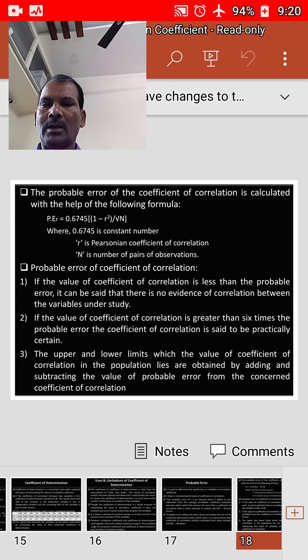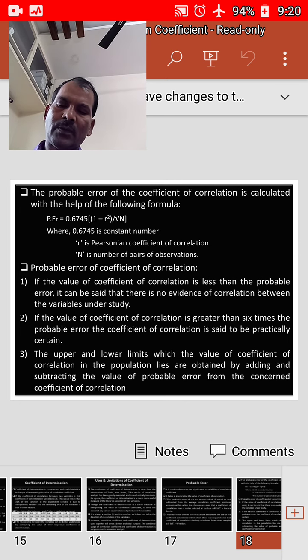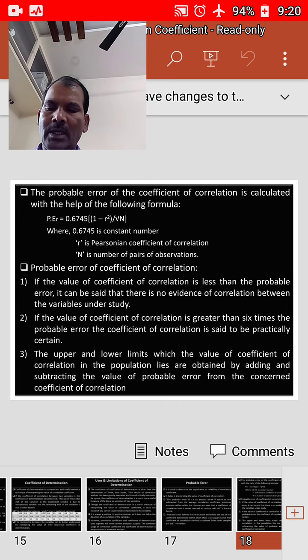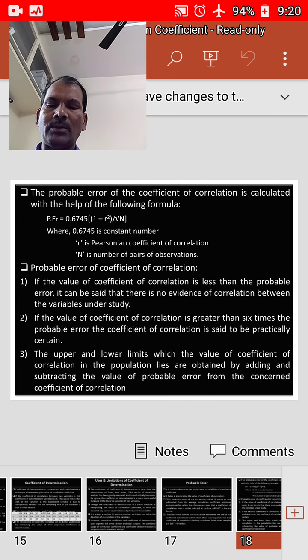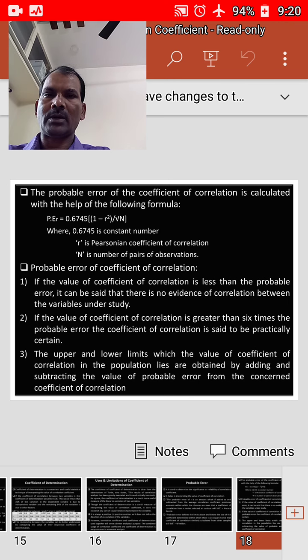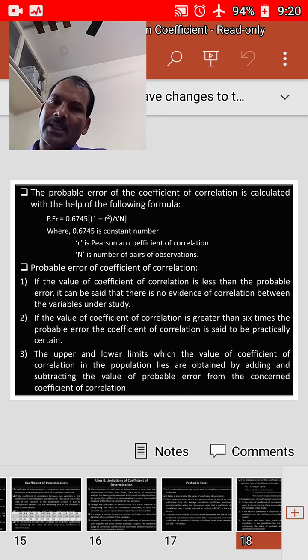Probable error of coefficient of correlation will be interpreted as follows: if the value of coefficient of correlation is less than the probable error, it can be said that there is no evidence of correlation between the variables under study, right? If the value of coefficient of correlation is greater than 6 times the probable error, the coefficient of correlation is said to be practically certain.